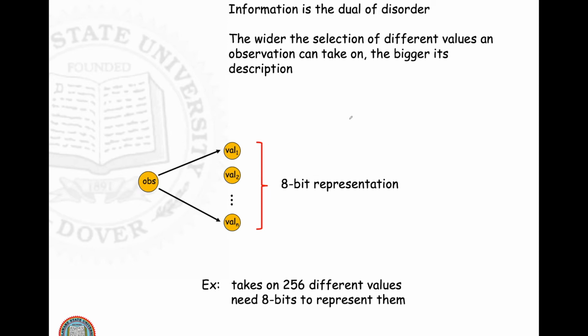Well, 2 to the 8th power is 256, so you're going to need 8 bits of representation for these 256 different values. And so whether you need a larger or smaller description relates directly to how much these observations can change, the representation of all of the different possibilities.